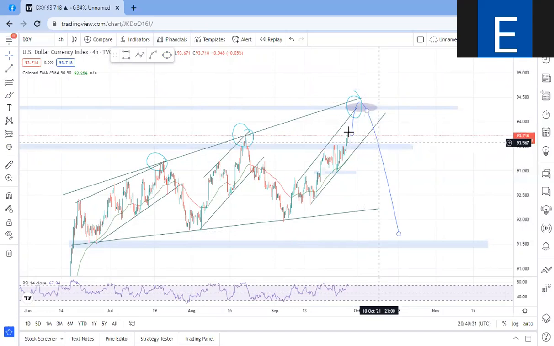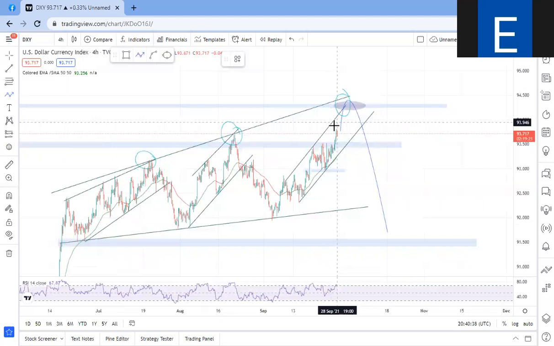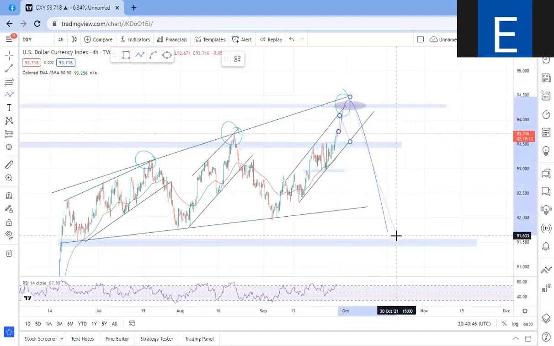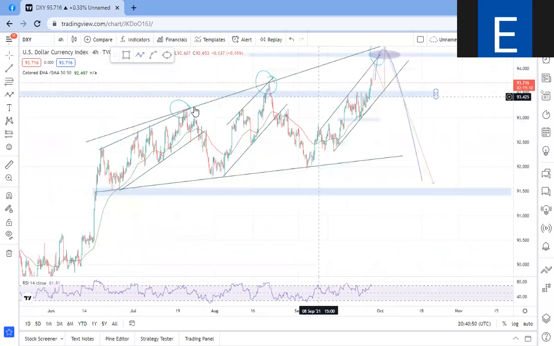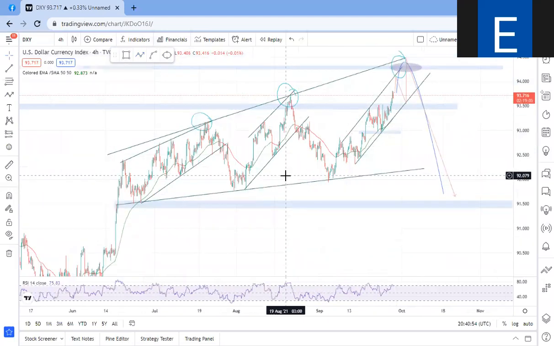So what I'm anticipating is for price to actually continue this pattern. First, price will continue this pattern, probably something like this, then for a possible touch for price to continue all the way down to break. Because this overall pattern, the expanding channel here, is a reversal pattern as well.